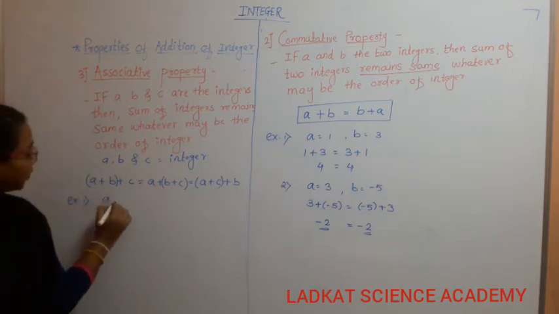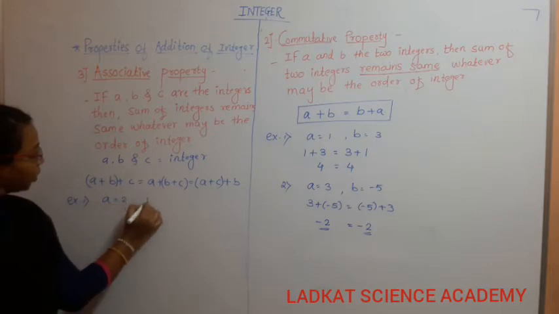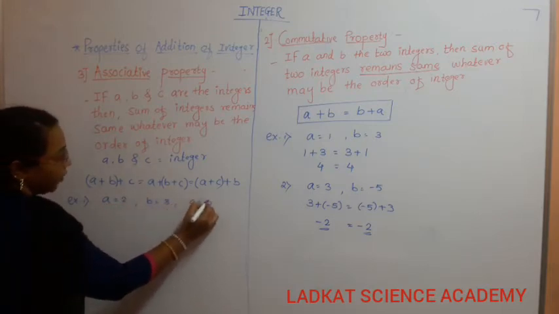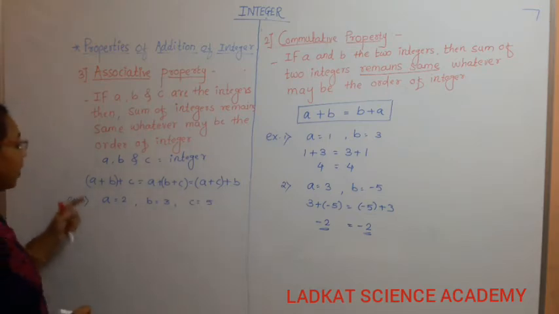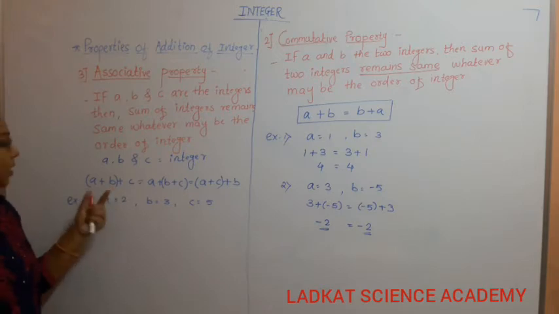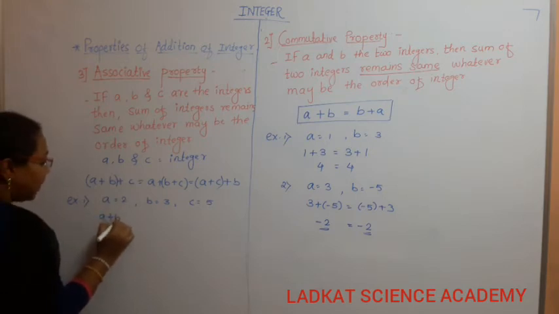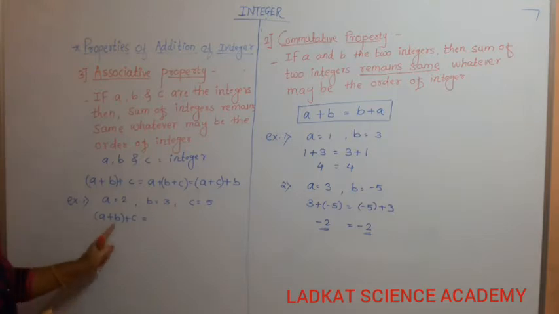First, we will take positive numbers. A is equal to 2, B is equal to 3, and C is equal to 5. Then what is our first order here? (A plus B) plus C. What is A plus B here?